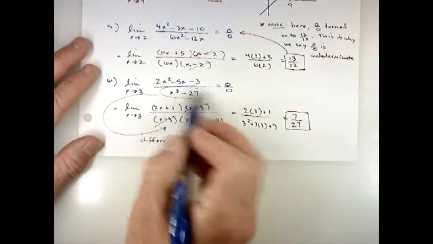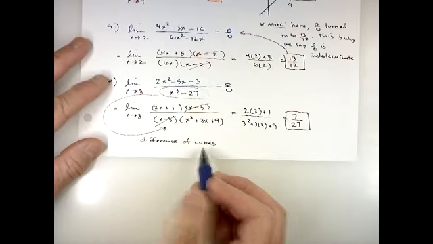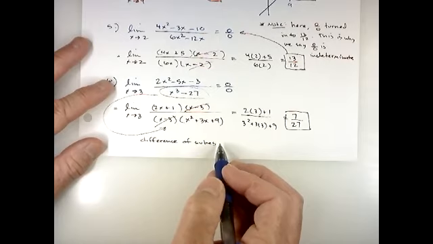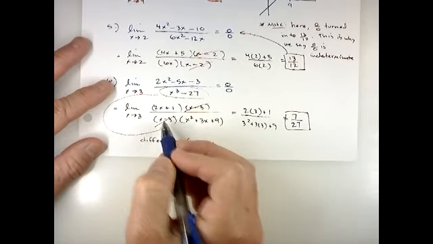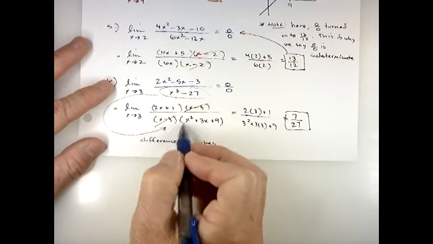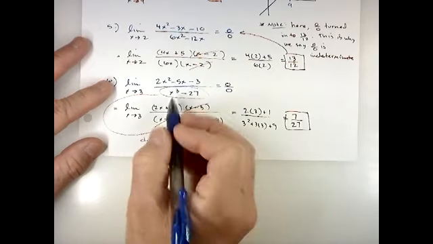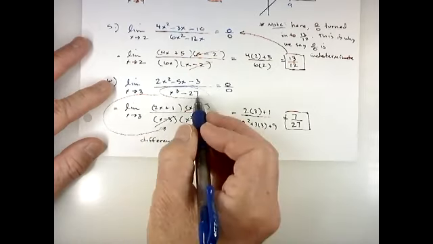You maybe recognize the denominator as a difference of cubes. And if you've forgotten how to factor that, which is not uncommon, a lot of people learn it and then quickly forget it, we could take advantage of the fact that we know there's an x minus 3 factor, and you could kind of think backwards. What would you have to multiply by to get x cubed? There would have to be an x squared. What would you have to multiply to get negative 27?